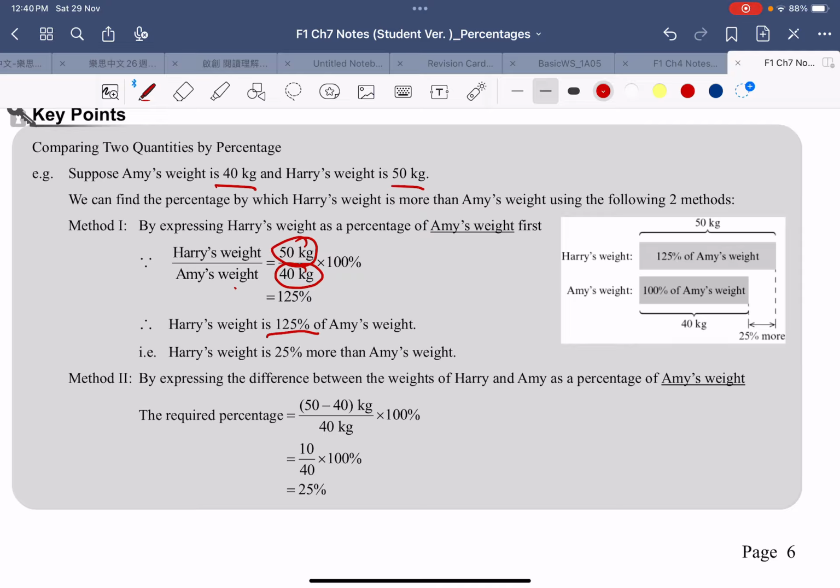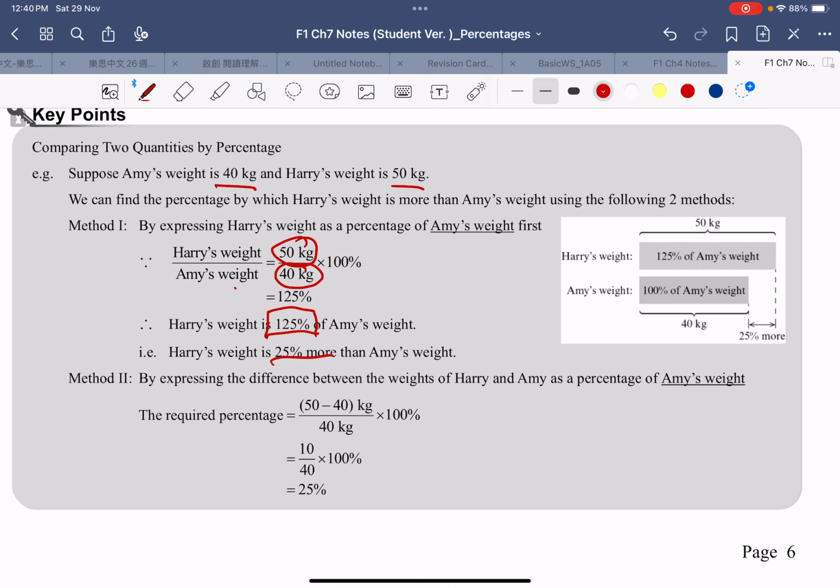You compare two numbers and you see Henry is heavier than Amy, so this percentage should be larger than 100%. It means Henry's weight is more than Amy's weight, and 25% more.